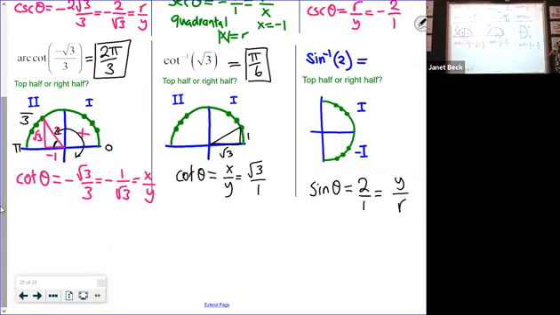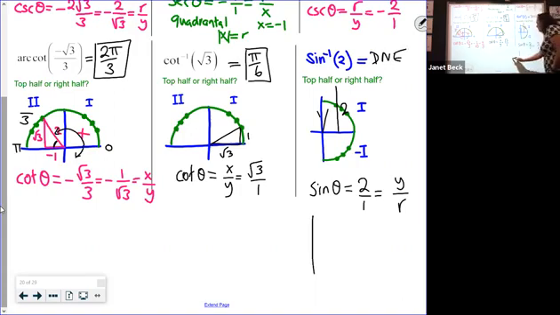And we just think, how could I have a y of length 2 if my radius was only 1? That's impossible. This does not exist.